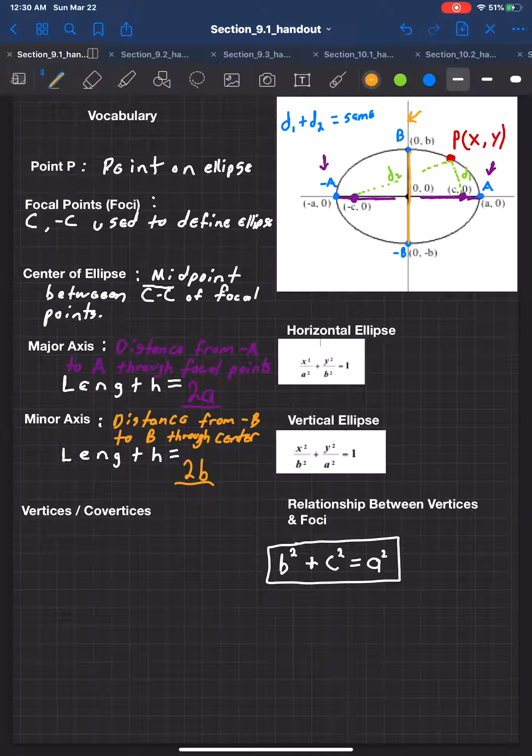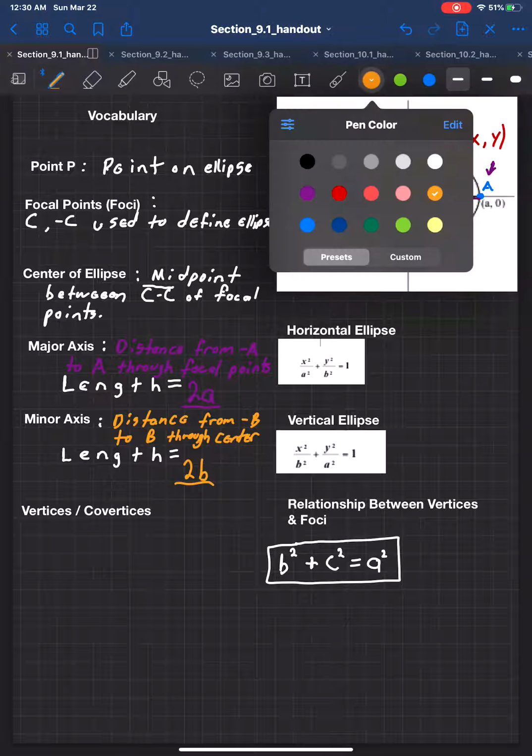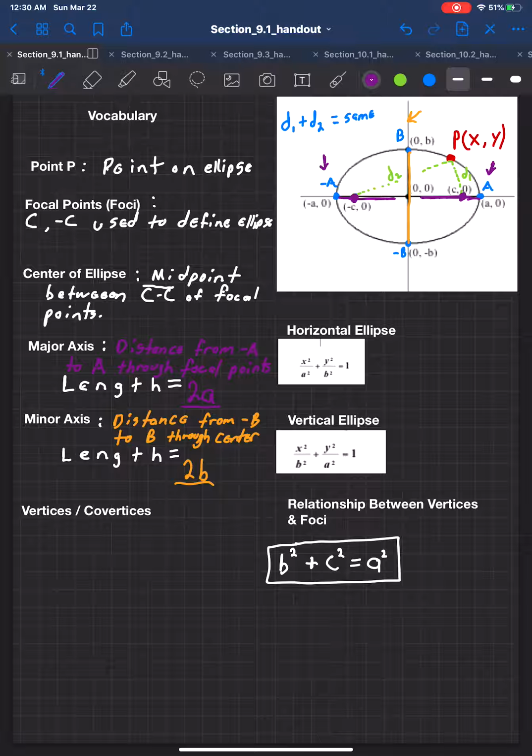So we'll say vertices A and negative A on the major axis, and vertices B and negative B, which I call co-vertices, on the minor axis.